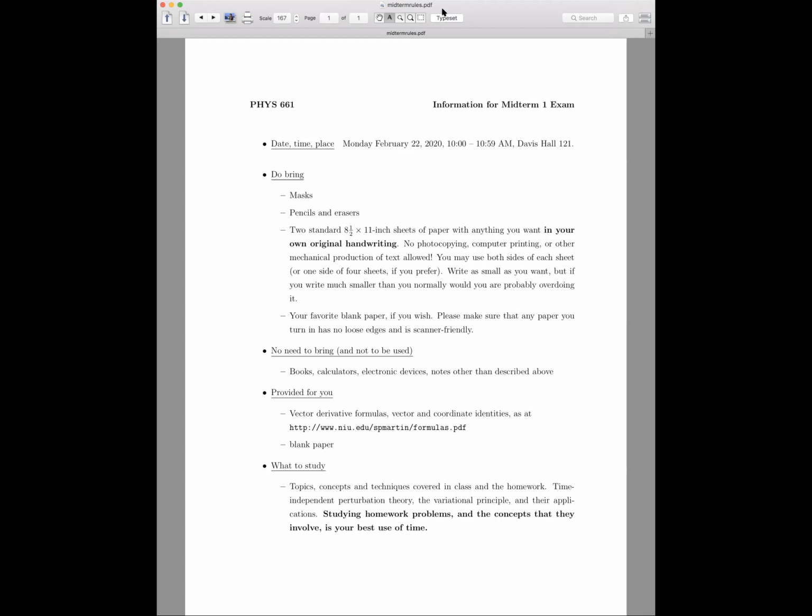Then you should ask yourself, what sneaky thing can Professor Martin ask that tests the same concepts or other aspects of time-independent perturbation theory and the variational principle, that might be variations on these questions, and then write those formulas on your formula sheet. So that's the strategy that I would employ, at least.